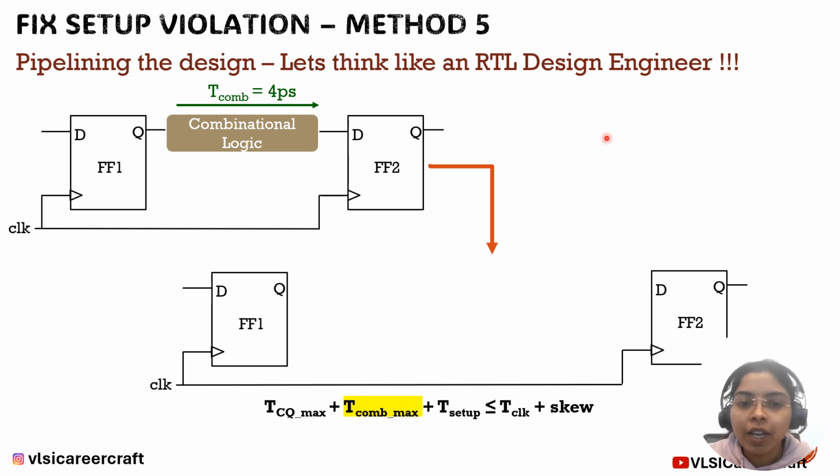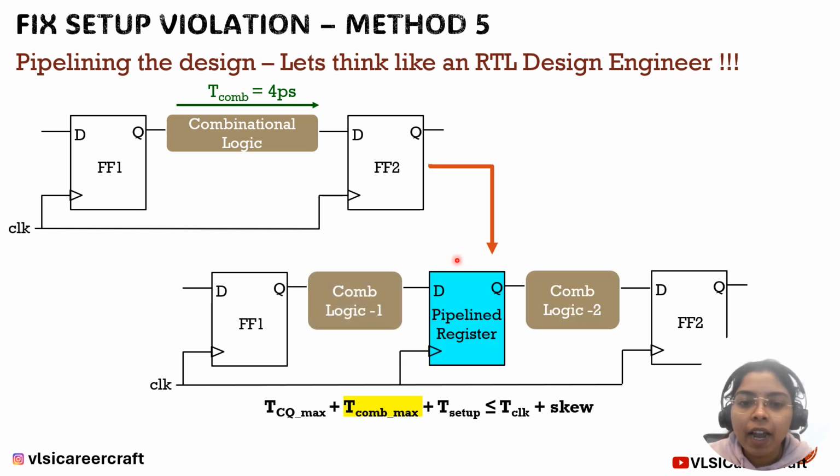Now what I'll do is split this combinational logic into two parts and add a pipeline register in between. So this is executed and the data is launched here, and then this is executed. Both the functionings are the same, but the extra register is added here in order to reduce the effective combinational delay.